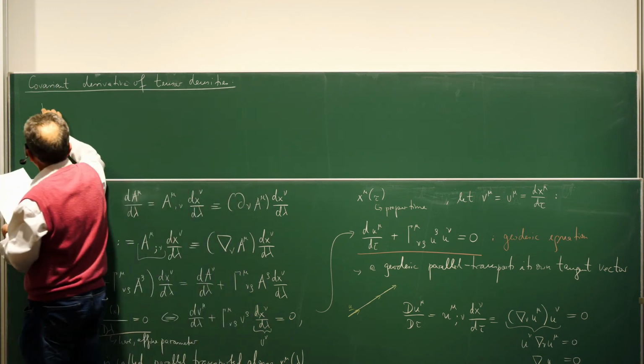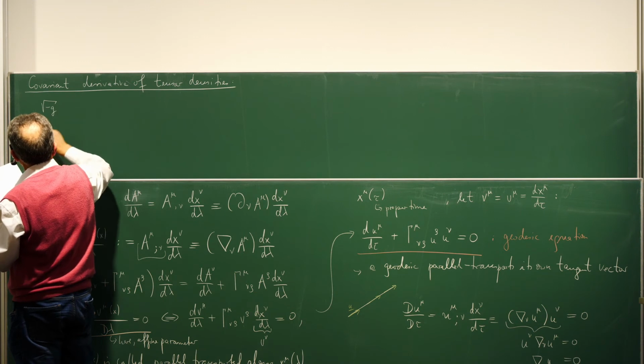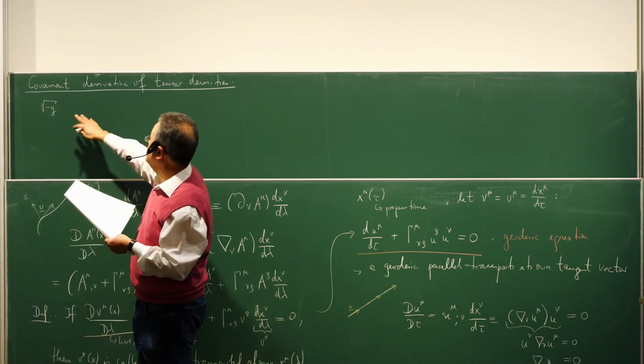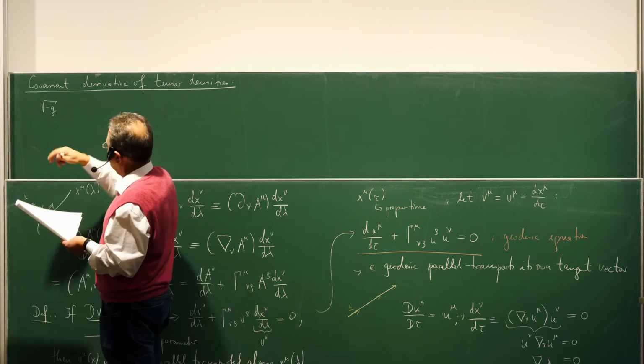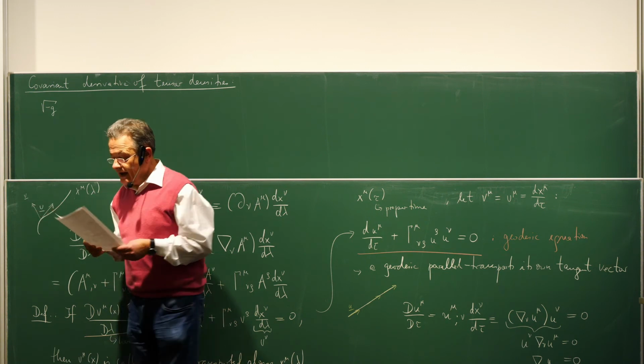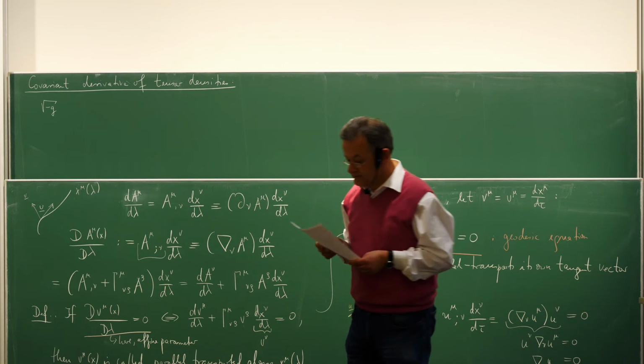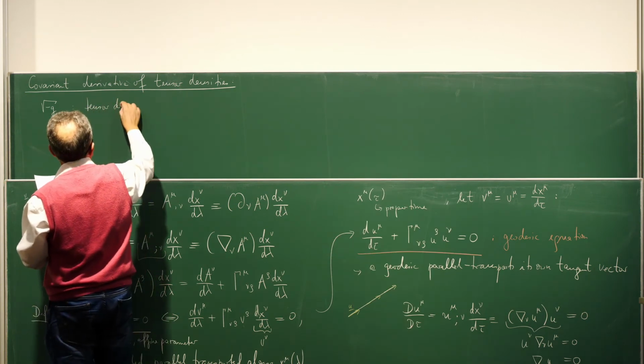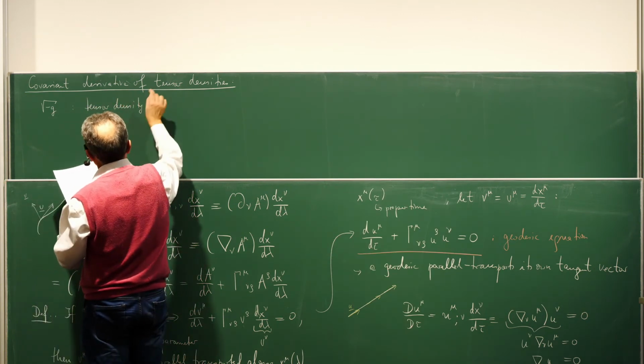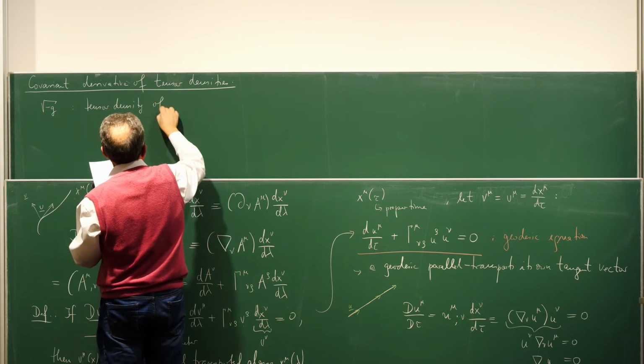Recall we had one prominent example, the square root. I write it for the space-time context where g is negative, so the square root of minus g. We have seen it is a scalar density of weight 1.